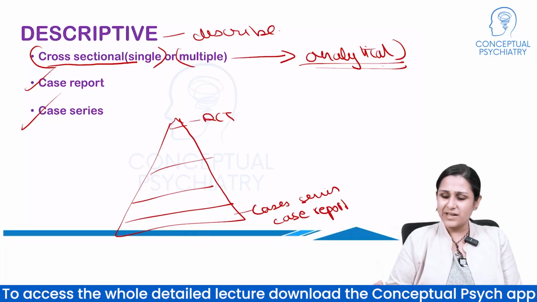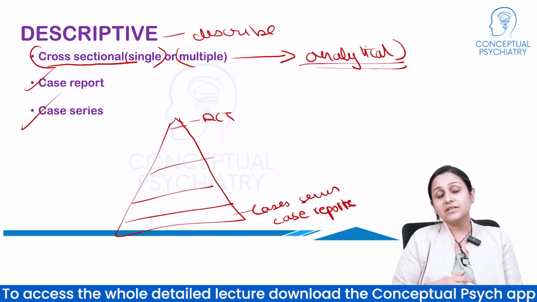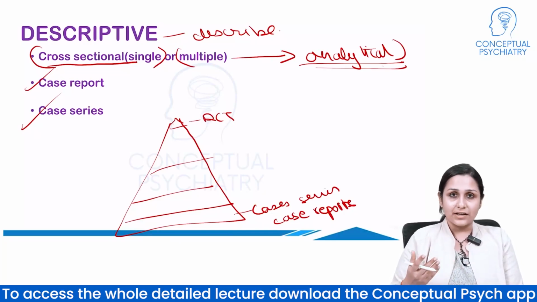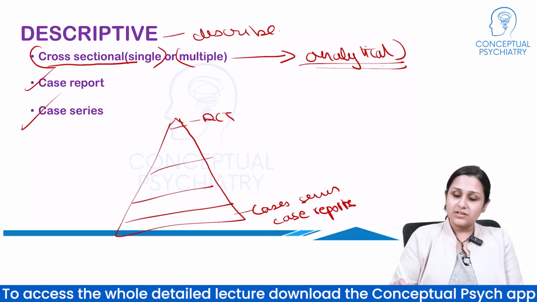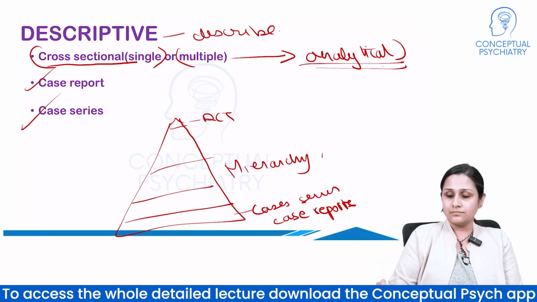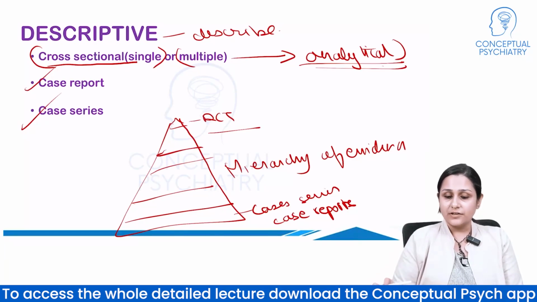It's good to know for the exams, it's good to know as a general principle, but I'll tell you how even case reports and case series can be very, very important with the right question and in the right timing, right? A lot of our understanding in psychiatry and medicine has come about with case series and case reports, but this hierarchy of evidence you should learn. Okay, so below RCTs will be uncontrolled trials and single arm trials, all of that.